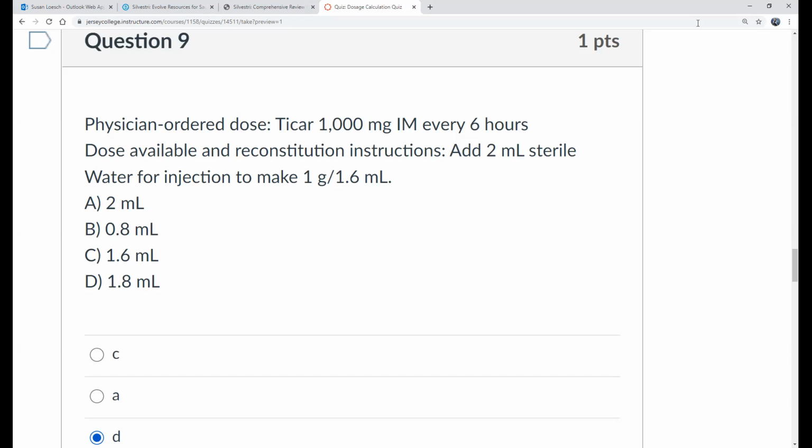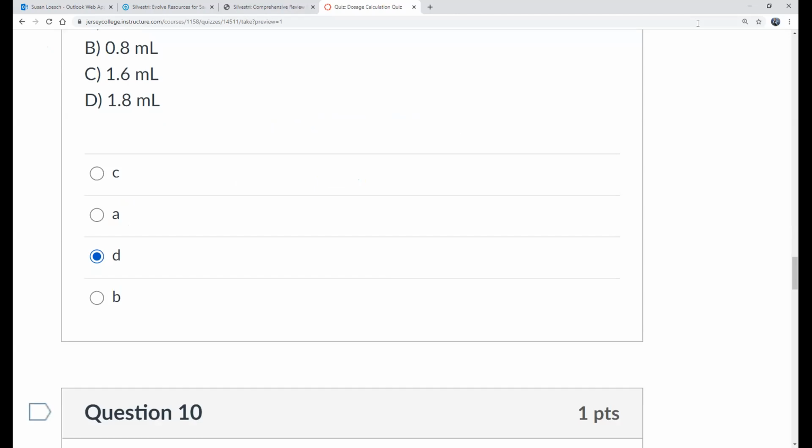So the answer is 1,000 divided by 1,000 times 1.6. So the answer is 1.6. Correct. My computer's trying to die on me. Thank you, though. No problem.